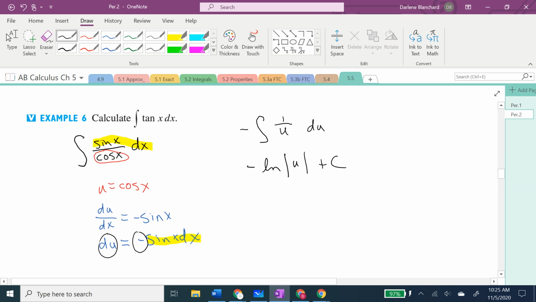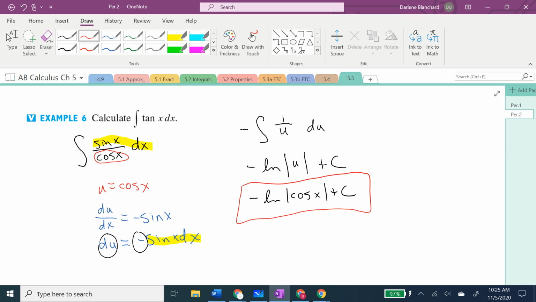But I need to put the u back in, and the u is cosine. Now, this formula is a legitimate formula that you can use. I personally prefer this formula because you can see exactly where it comes from when you look back at sine divided by cosine.